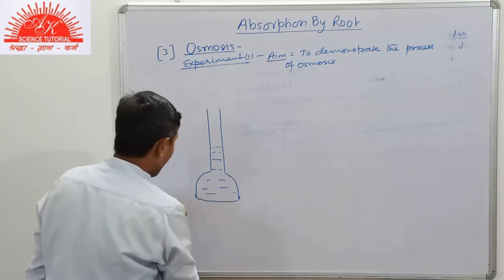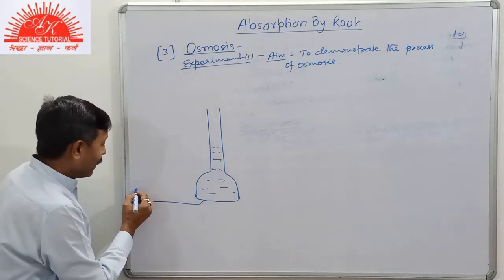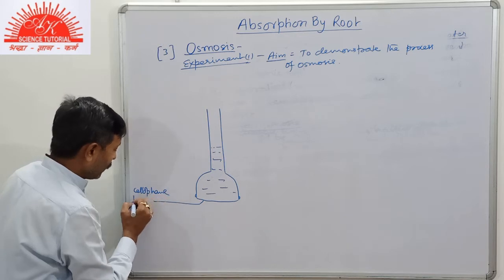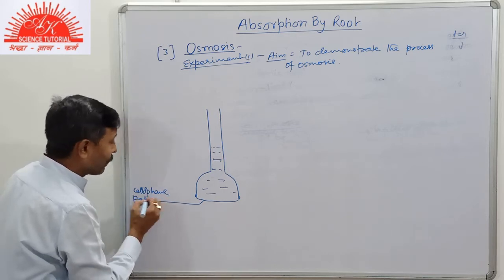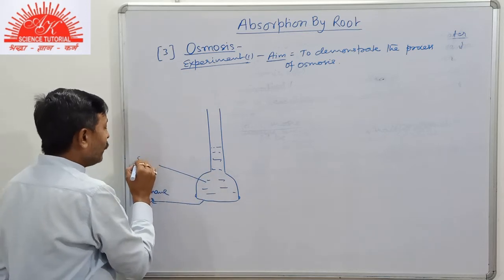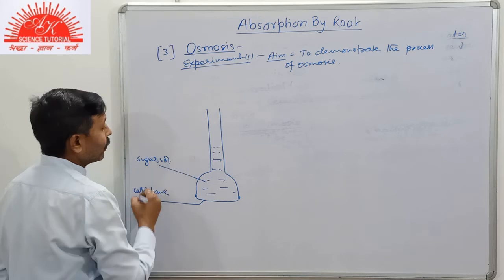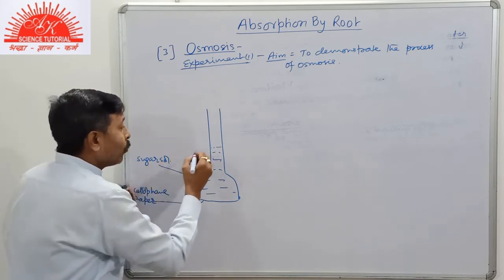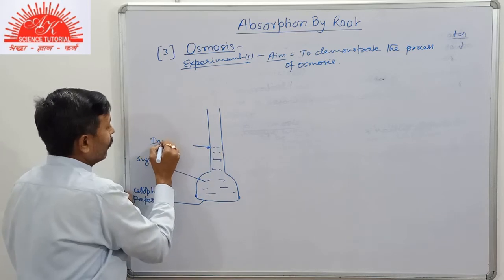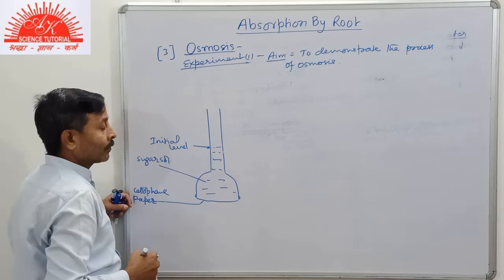Suppose we mark here, this is a semi-permeable membrane, like cellophane paper. We fill it with sugar solution, and then we mark the initial level of solution in the funnel.